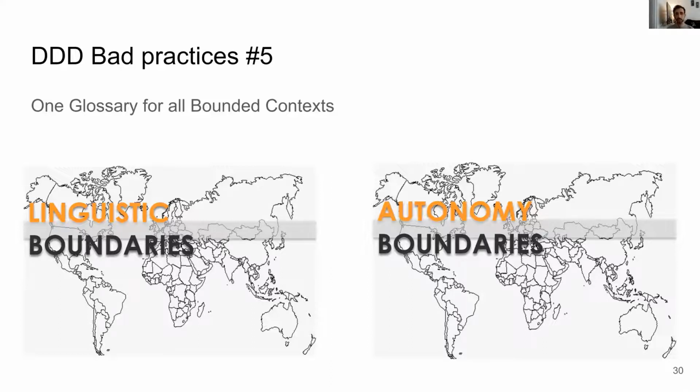Even if you have, for example, Argentina and Spain that speak the same language, you can find terms in Argentina that you can't find in Spain and vice versa. So really take a bounded context like a country.